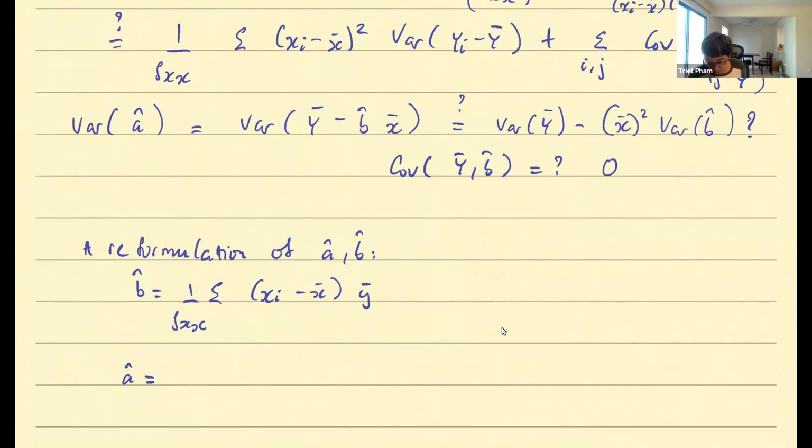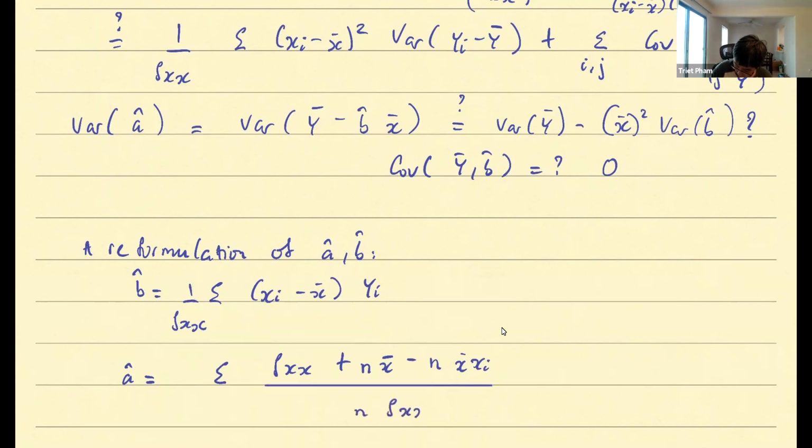Oh, sorry, not y bar, yi. a hat will be the sum of (sxx plus n x bar squared minus n x bar xi) divided by n sxx, times yi.